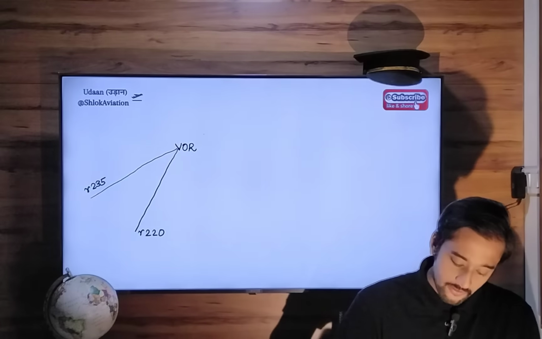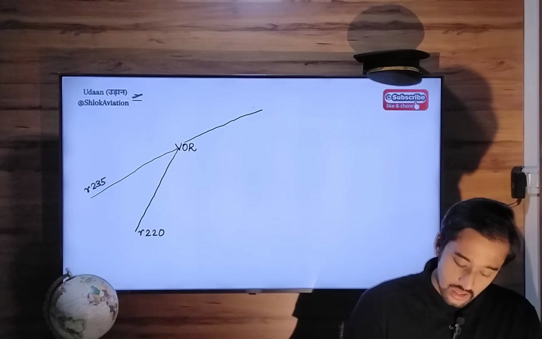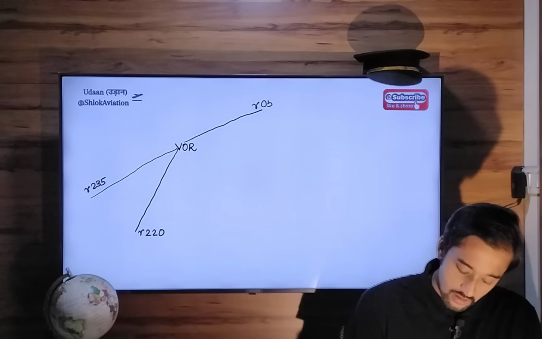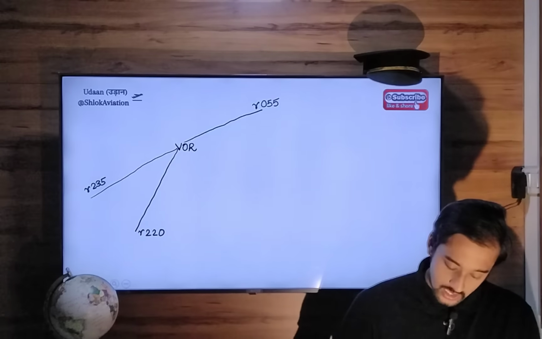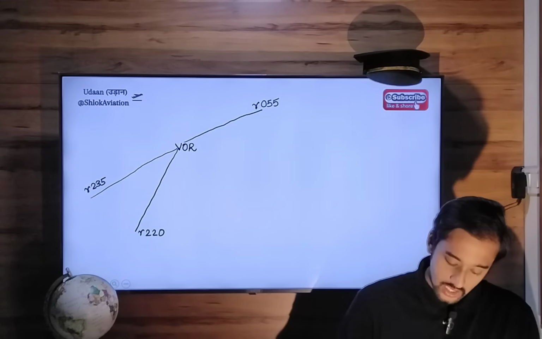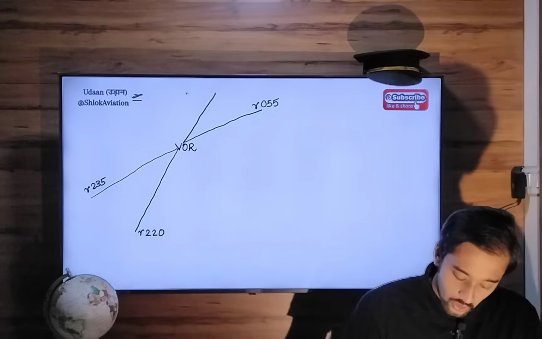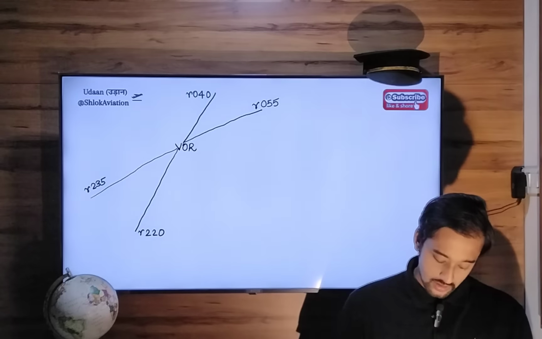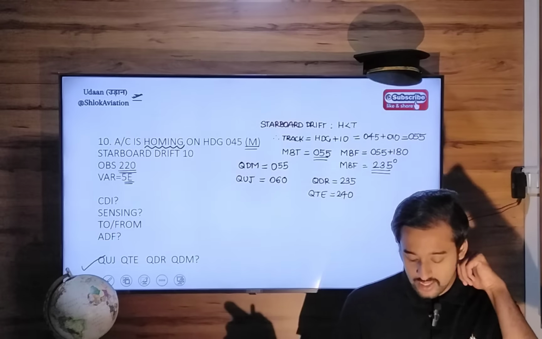Okay. 235 opposite is radial 055 and 220 opposite is 040. Radial 040. Okay. So what will CDI indicate?